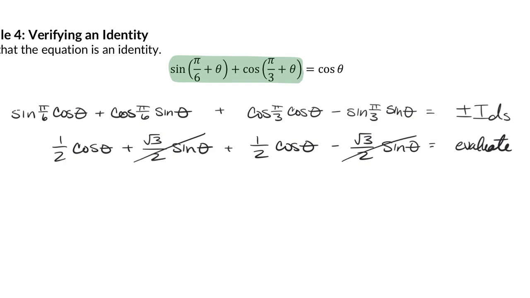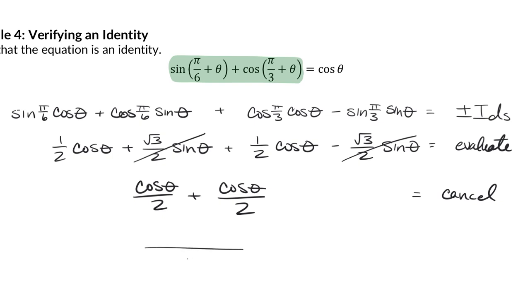And then, like Joseph saw, because they have the same denominator, let's write them where it's easier to see that we can add them together. So that was my cancel step. We write them as one denominator.